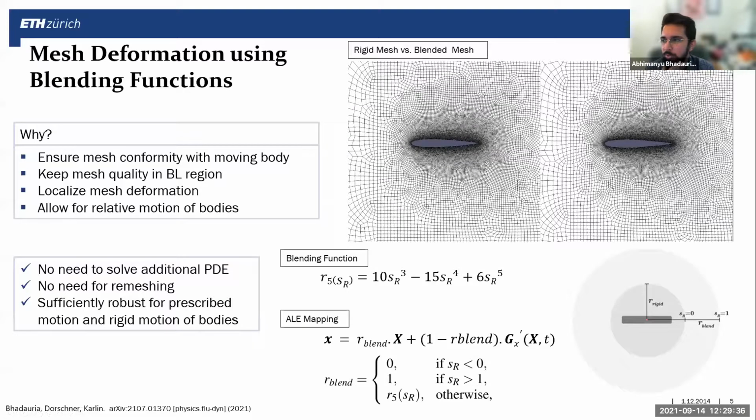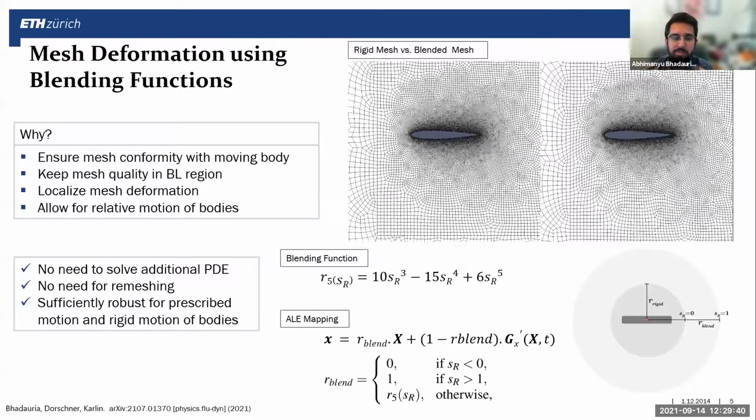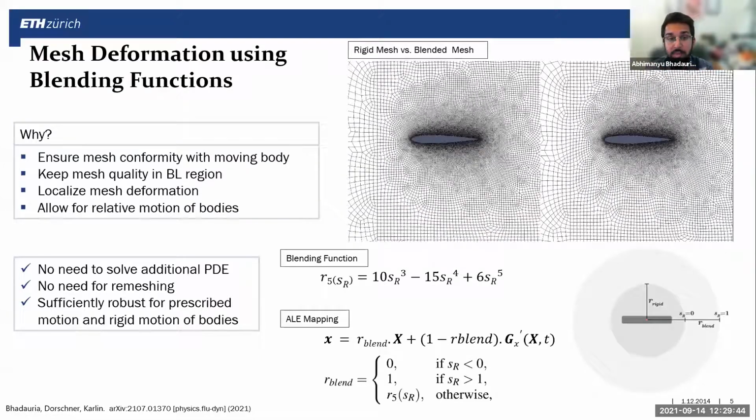There are other approaches, of course. The usual approach to deal with this is the solution of PDEs. So you usually solve something like a linear elasticity equation, which is a PDE, to get the mesh deformation. However, that's obviously very expensive. And we don't do that here because we find that for a lot of test cases, that is a bit overkill, although it is necessary for certain cases.